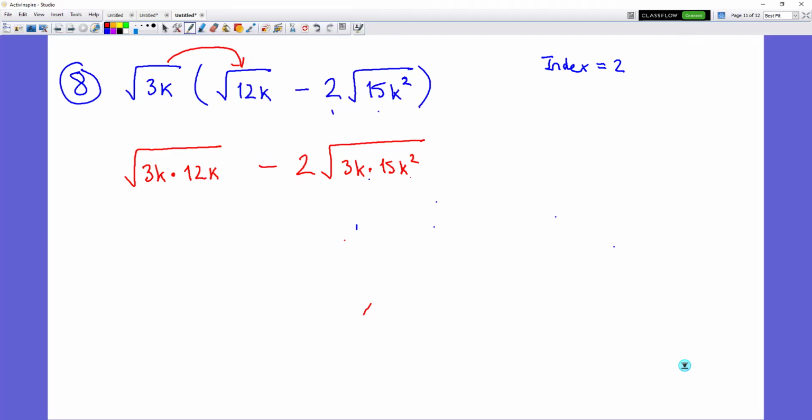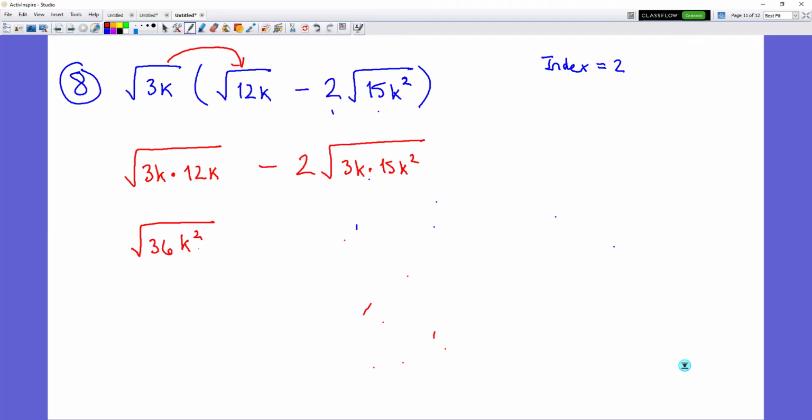So we have 3k times 12k on the inside of the first part. So basically what that will be is the square root of 3 times 12, which is going to be 36. And then we have the k times k. Well, basically that's k to the 1 times k to the 1. Remember, when you multiply with exponents, you're going to add. So therefore, it's going to be k to the power 2.